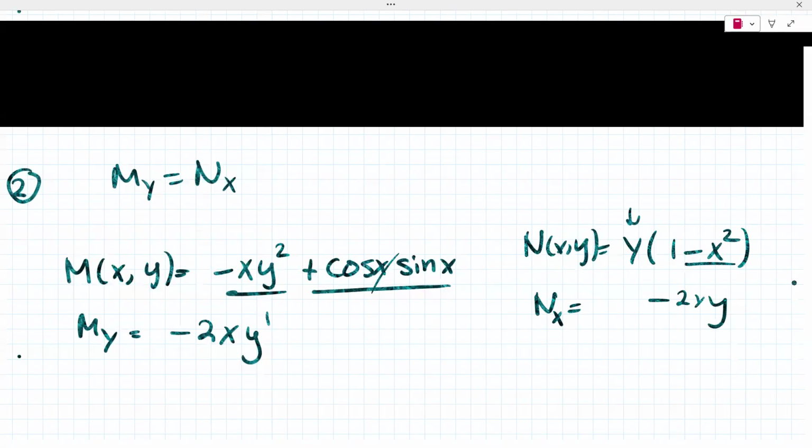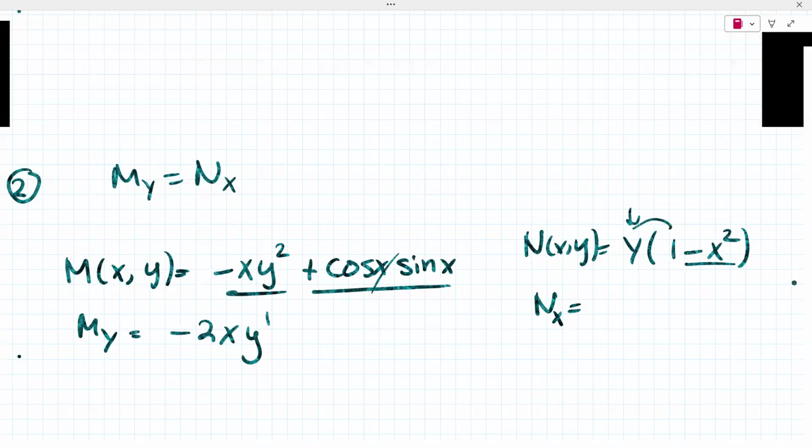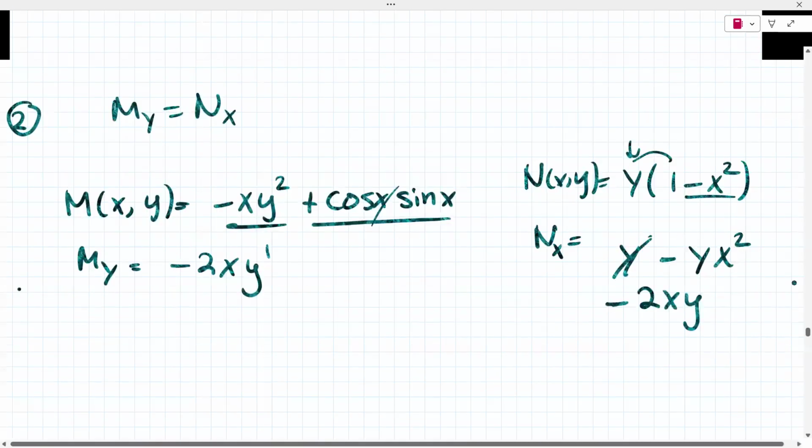Or you could FOIL this. Yeah, I should have done that. FOIL this y. So this is going to be y minus yx squared. And then if you take the derivative of that with respect to x, this is a constant. And then this is going to be negative 2xy. So does M of y equal N of x? Yes. Good.